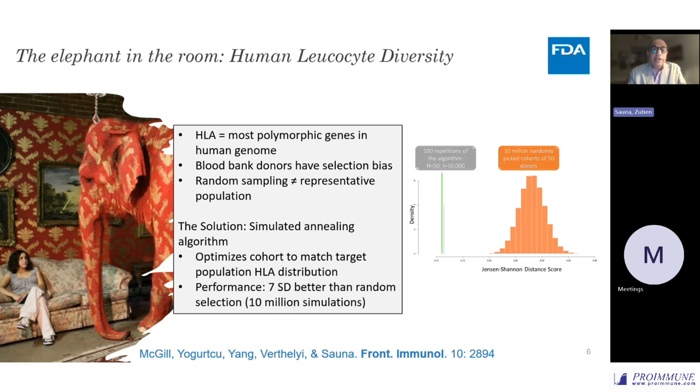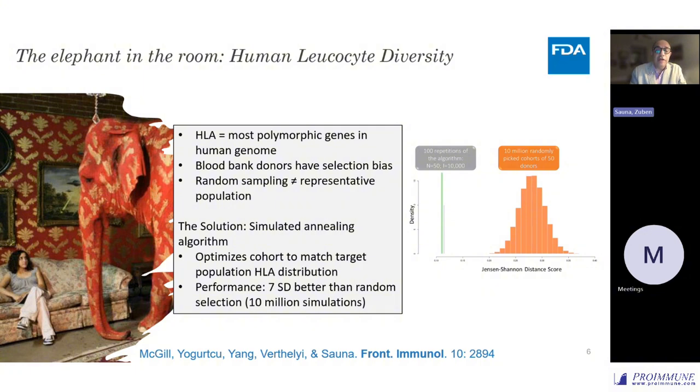So what algorithms that use computational tricks like simulated annealing do is allow you to make these kinds of selected populations.